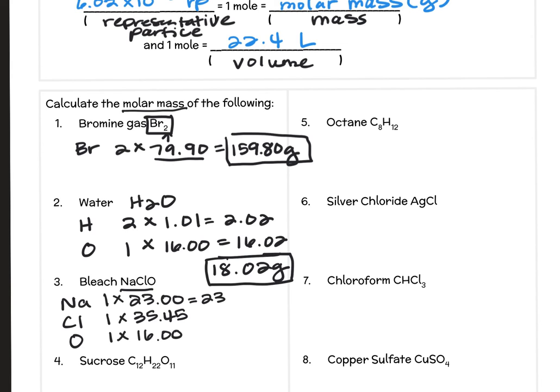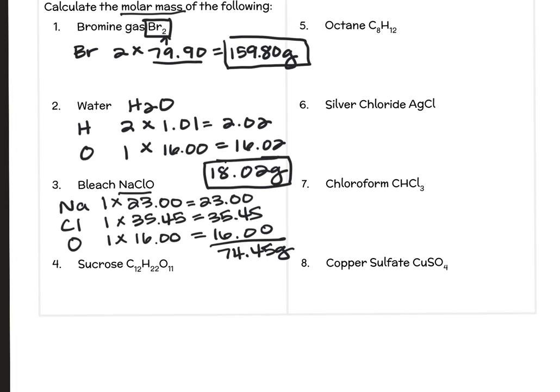I'll rewrite it so you guys can see, but sometimes as we keep going, you're going to see I kind of make some shortcuts in my writing. So if we add all this up, hopefully you're going to say that it's 74.45 grams. I'm going to move the slide up a little bit and then box my final answer.